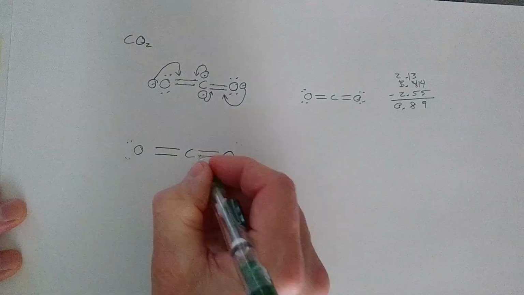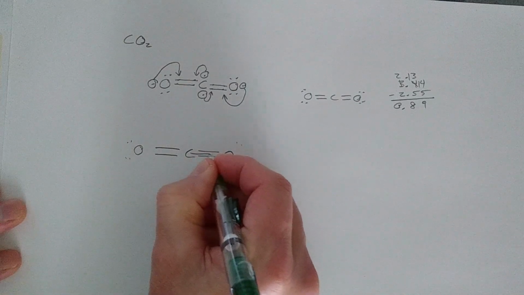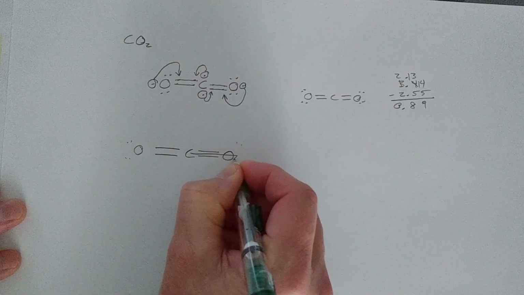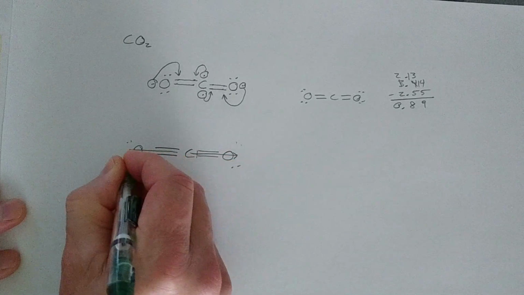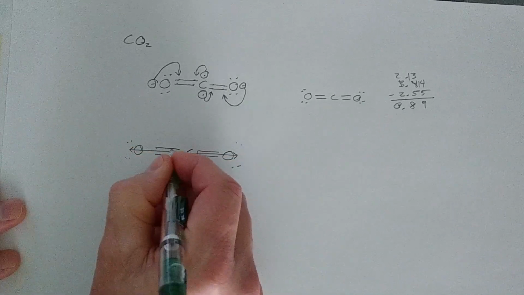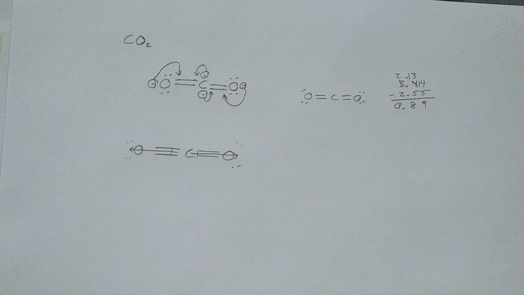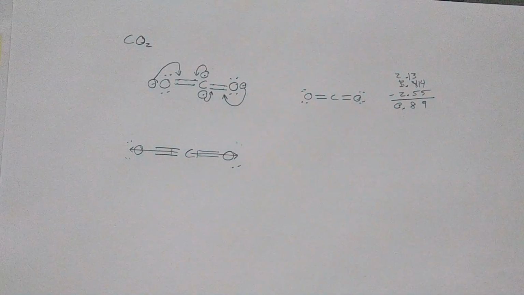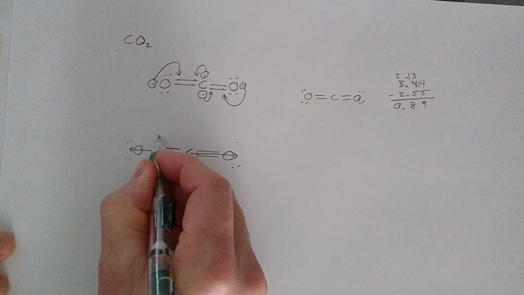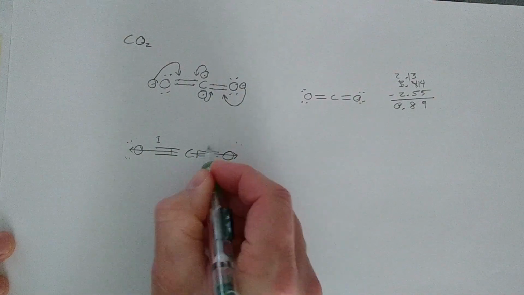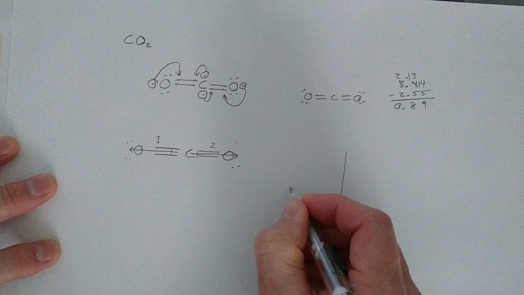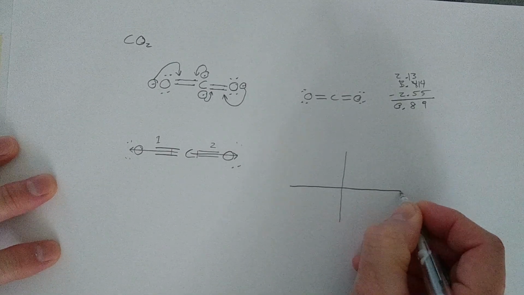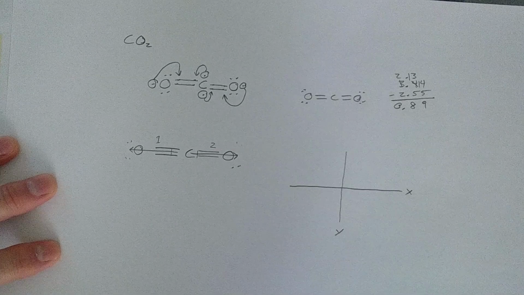I will say that there is a dipole going from the carbon to the oxygen. There is another equal but opposite direction dipole going from the carbon to the other oxygen. I will label this dipole 1 and label this dipole 2. I will draw an XY axis.